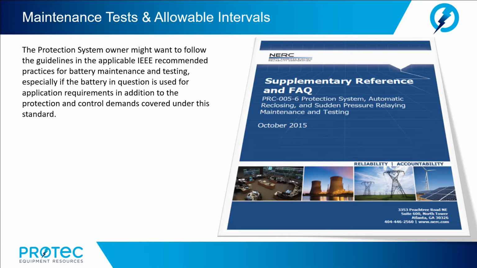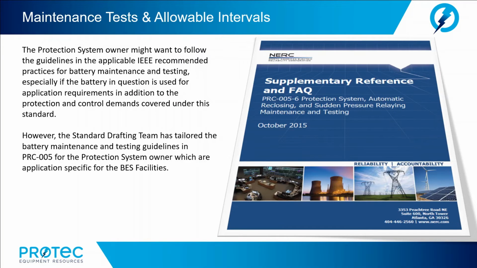The protection system owner might want to follow the guidelines in the applicable IEEE recommended practices for battery maintenance and testing, especially if the battery in question is used for application requirements in addition to the protection and control demands covered under the standard, or the standard PRC 005 that we're talking about.